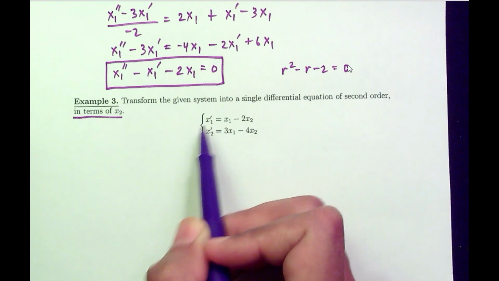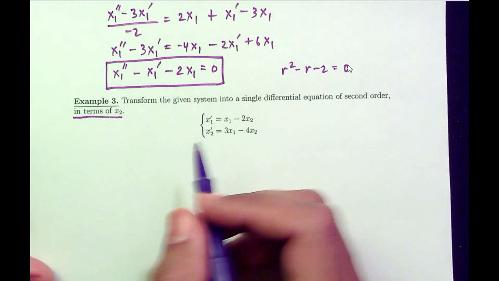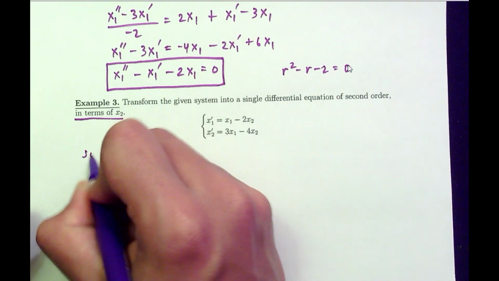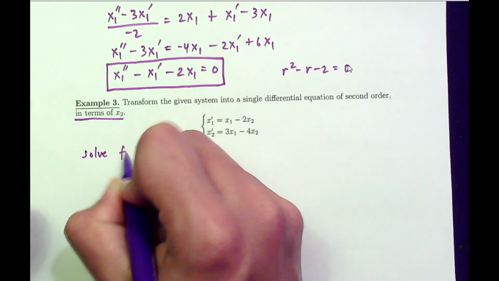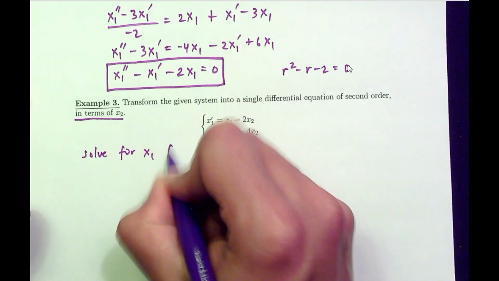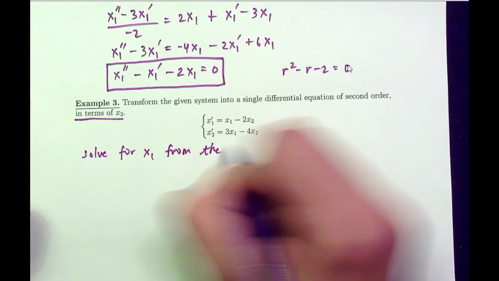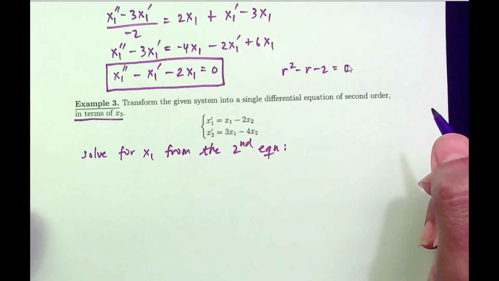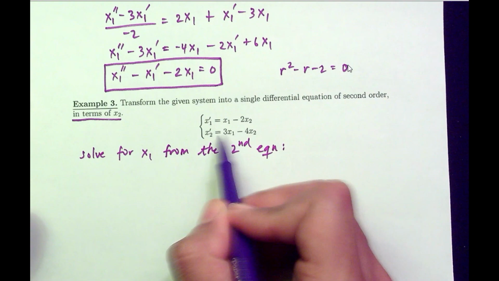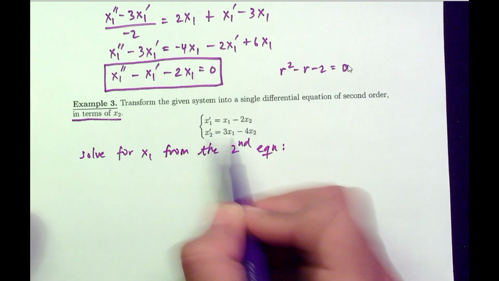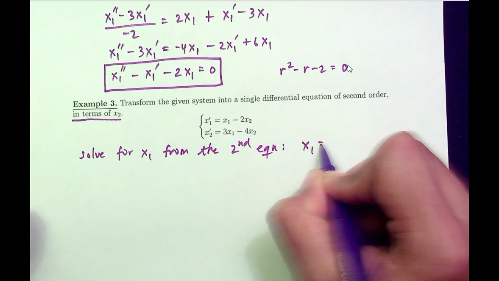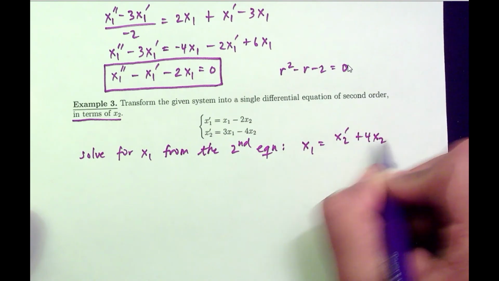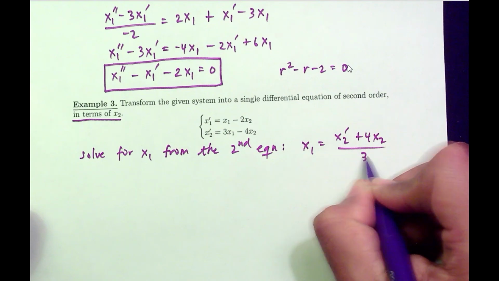There's no easy way to solve for x1 from there, but using the second one, you can do it. So solve for x1 from the second equation. So solving for x1 here, move the 4x to the other side and divide by 3. You're going to get that x1 equals x2 prime plus 4x2 over 3.